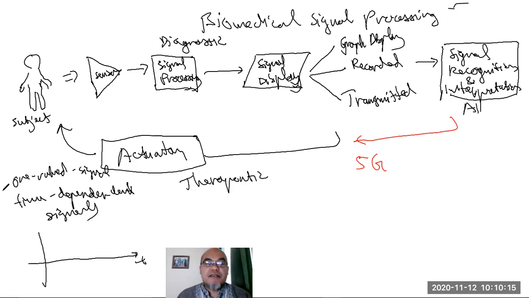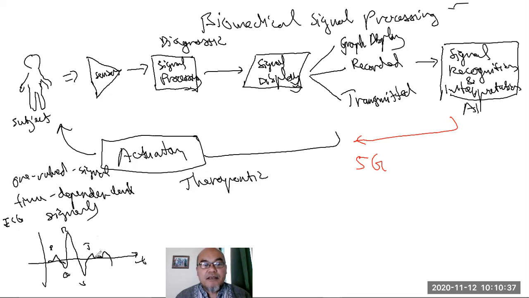Let's say for example ECG, electrocardiography. This is the signal from our heart. Usually it looks like this. This is the P, then Q, then the R peak, S, then there is a small peak T here.